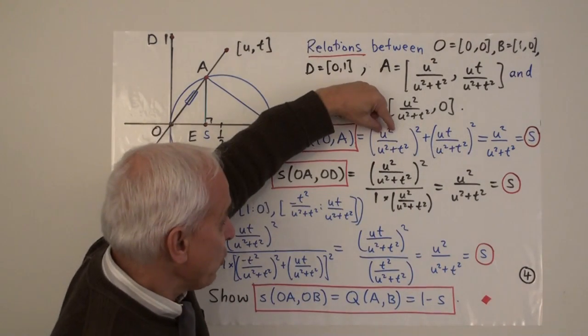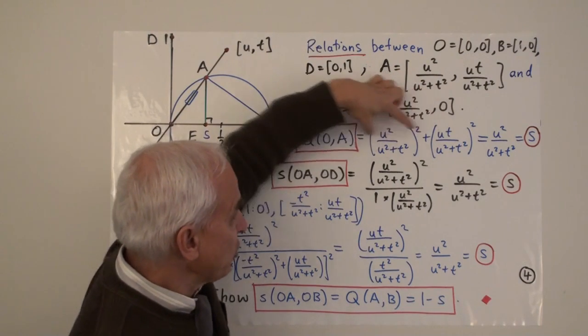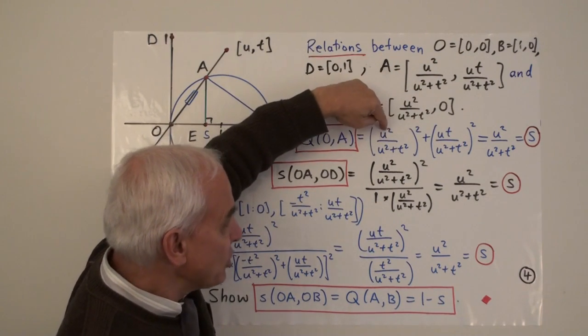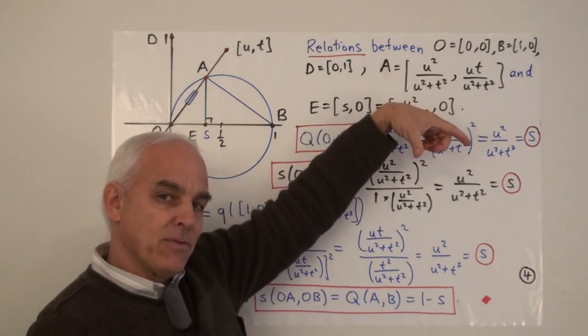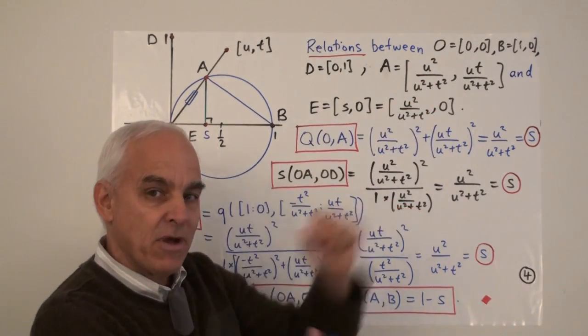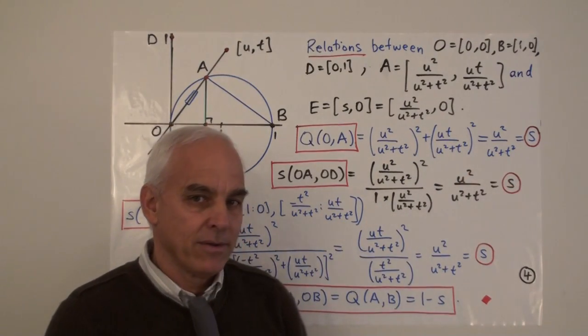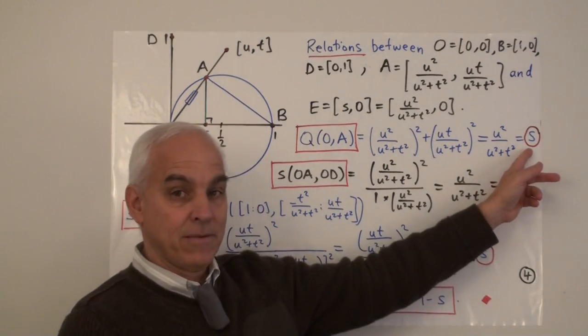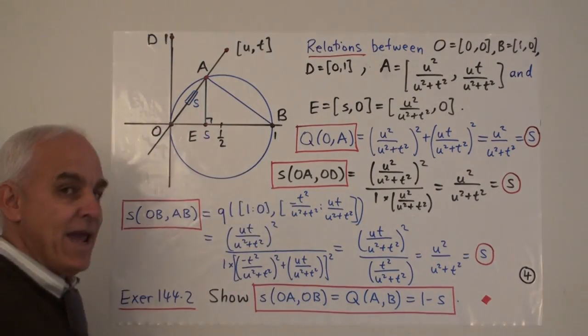There's also a u squared that appears here and also here. So if we take the u squared out, we'll get also u squared plus t squared. And that u squared plus t squared factor on the top will cancel with one of them on the bottom, leaving just u squared over u squared plus t squared, which is S. So this quadrance right here is also S.